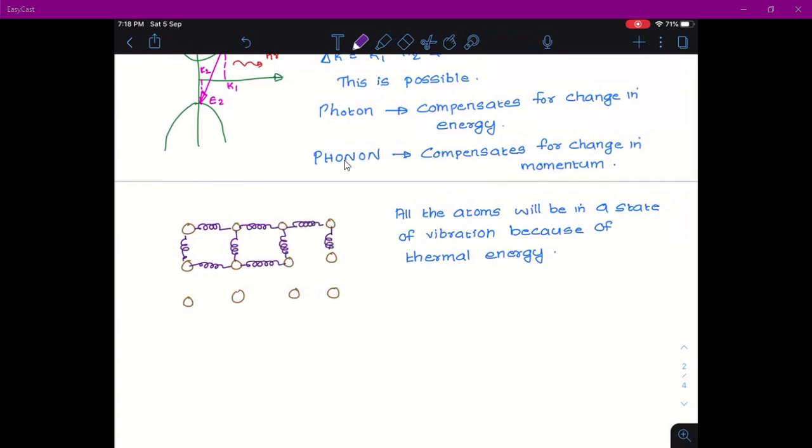The vibration is happening because the atoms have some amount of energy because of the temperature. If it was at absolute zero, the atoms would not be vibrating because they don't have the energy kT. So kT is a finite value for all these atoms, which makes the atoms vibrate.